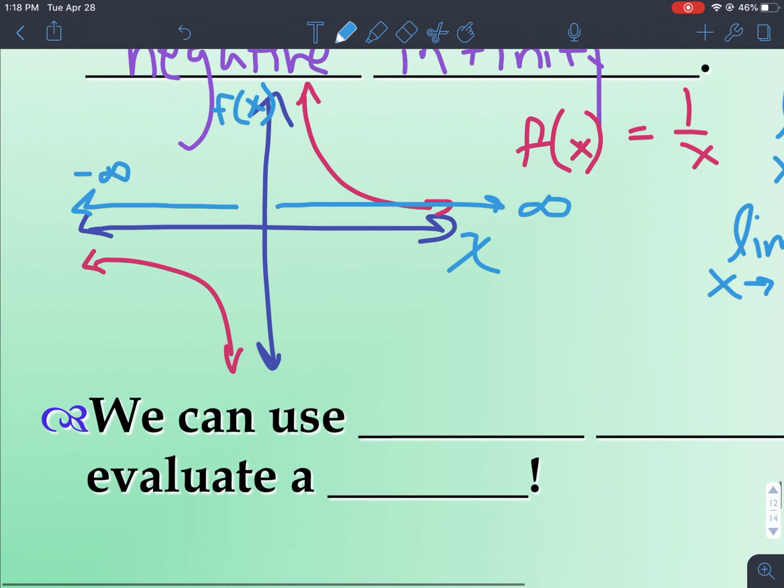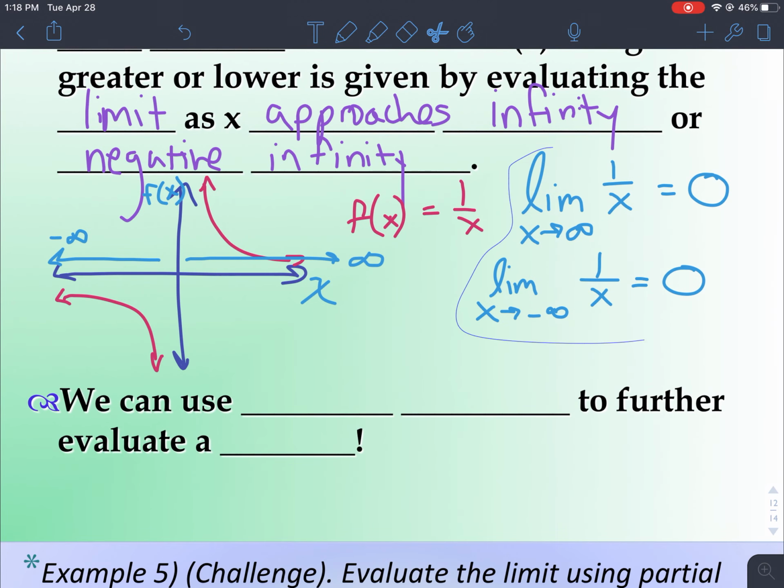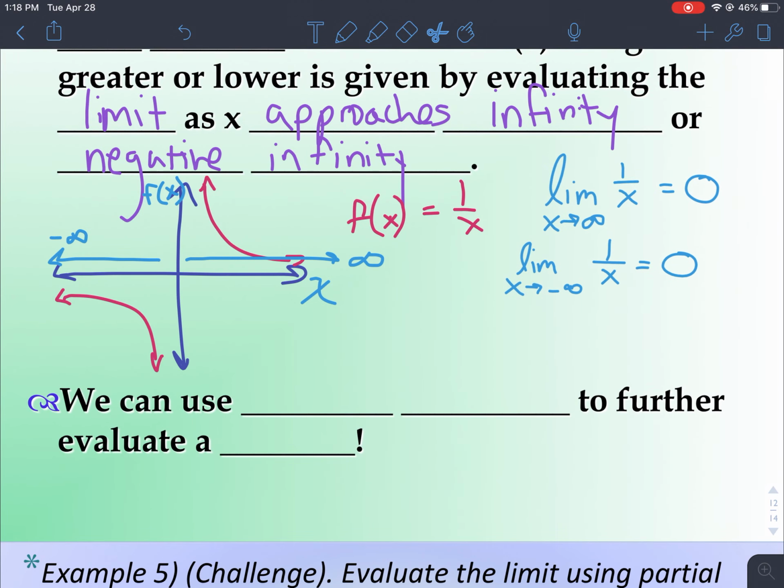So in this particular case, not always, they do equal the same thing. It is the end behavior: what happens to the y value as x goes all the way to the right or all the way to the left, positive infinity, negative infinity. We can use partial fractions to help us evaluate a limit.